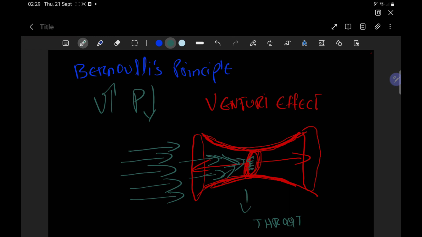Over here, because of the convergence, because of the design characteristic of this tube, the velocity will increase and the pressure will decrease, which means we have a low pressure area.